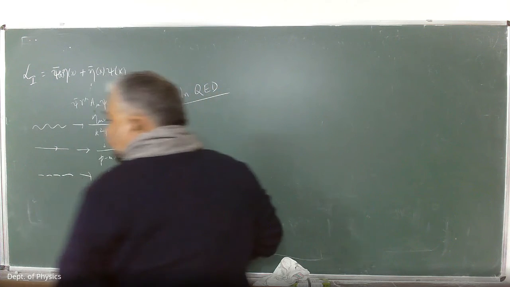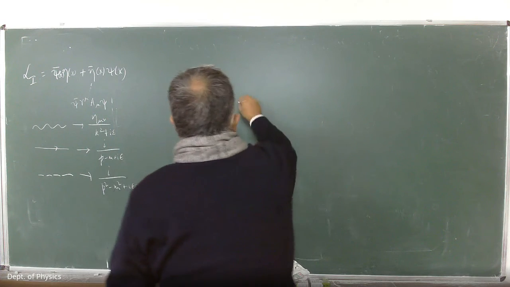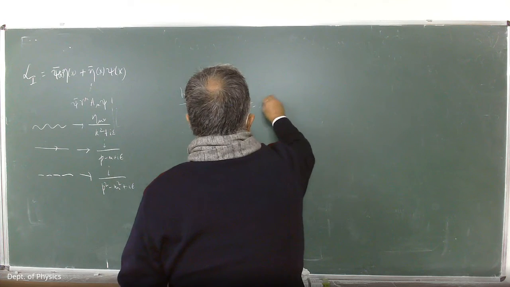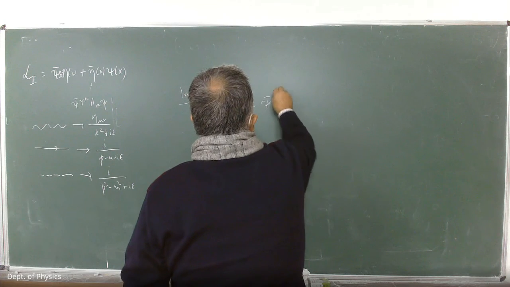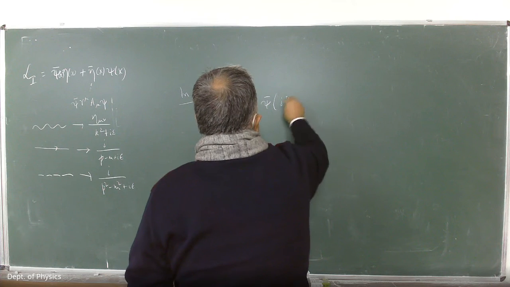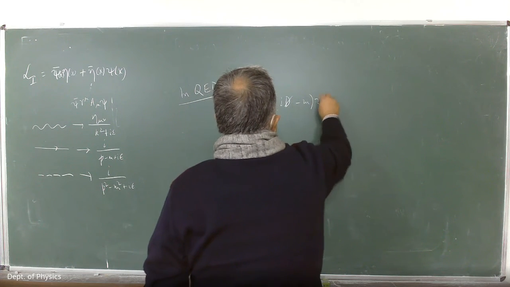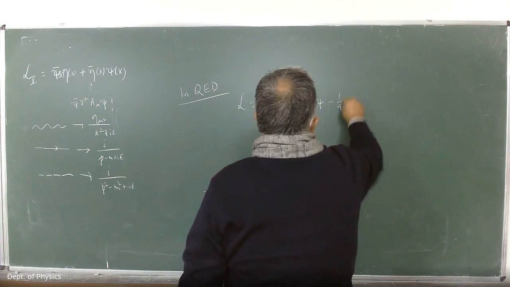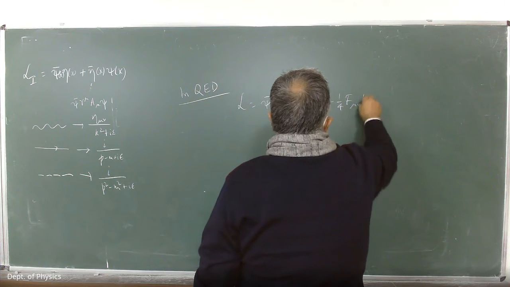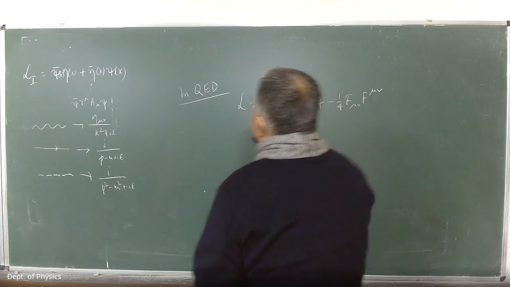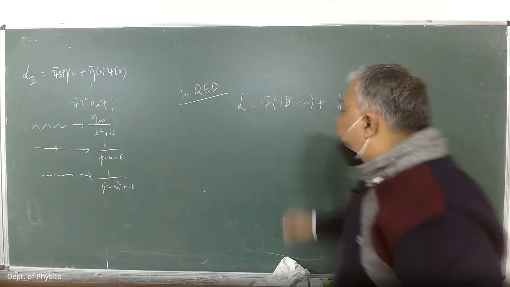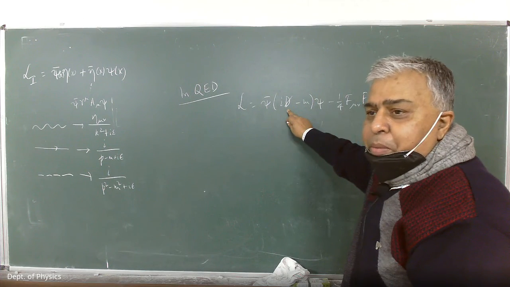quantum electrodynamics. The total Lagrangian will be psi bar i D slash minus m psi minus 1/4 F mu nu F mu nu. This will be the QED Lagrangian. D slash is a covariant derivative, I hope you remember.